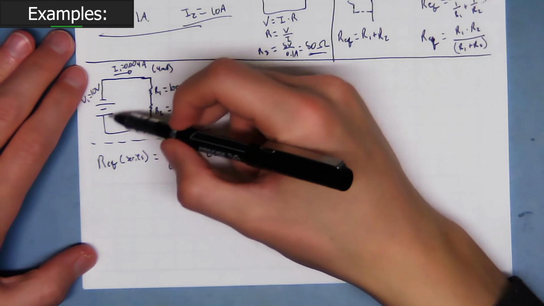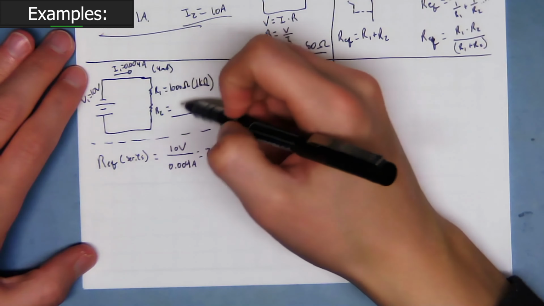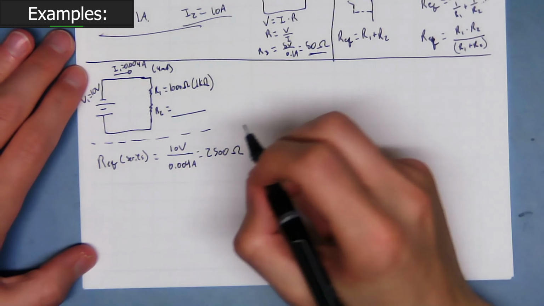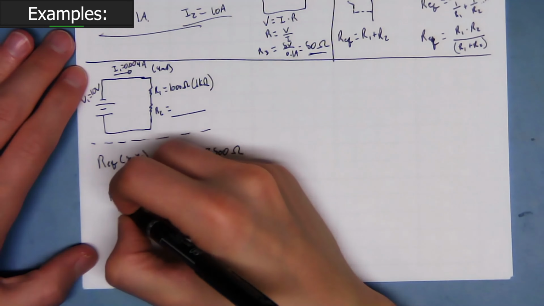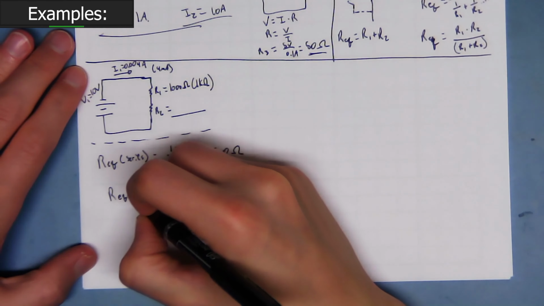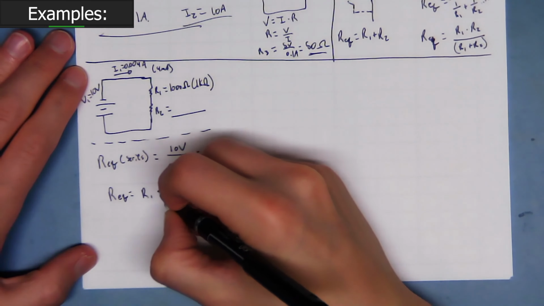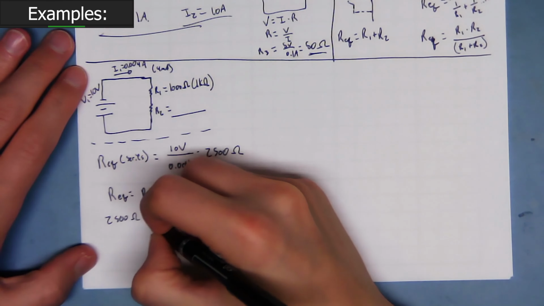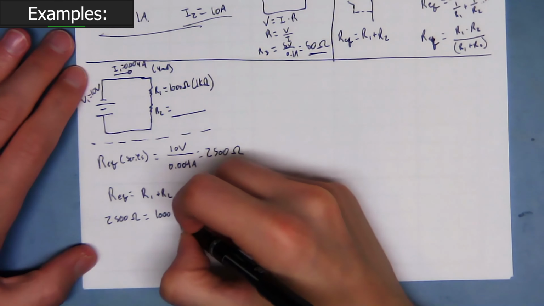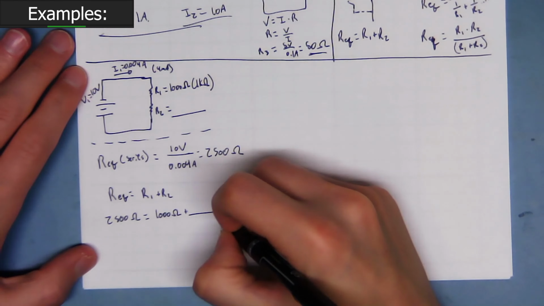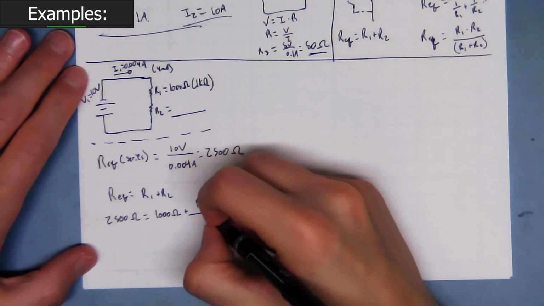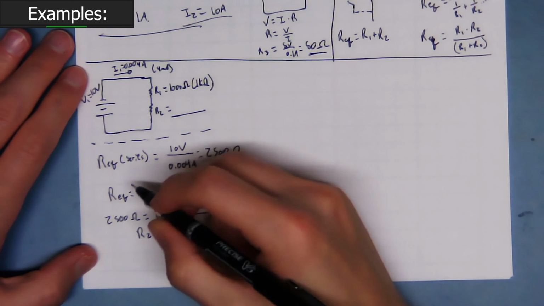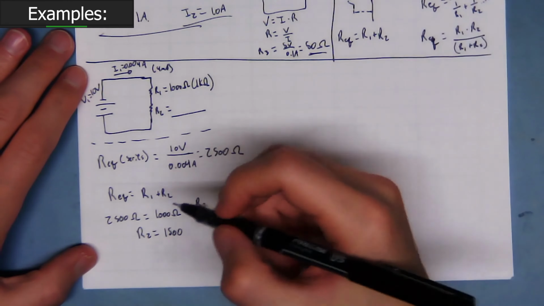We have a fixed voltage, we have a fixed current, we have a fixed resistance, and that fixed resistance must be 2500 ohms. Knowing how Req works, we know this is equal to R1 plus R2, so if we know that 2500 ohms is equal to 1000 ohms plus something, we know that that something is going to be equal to 1500 ohms. Take 2500, subtract 1000, there you go.